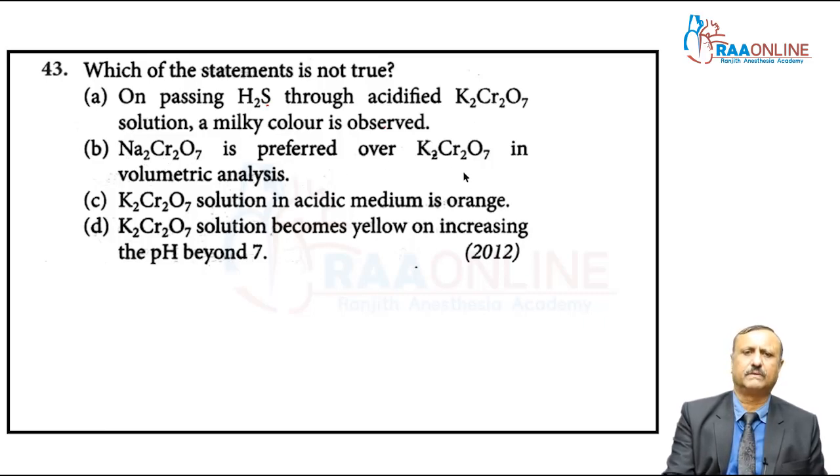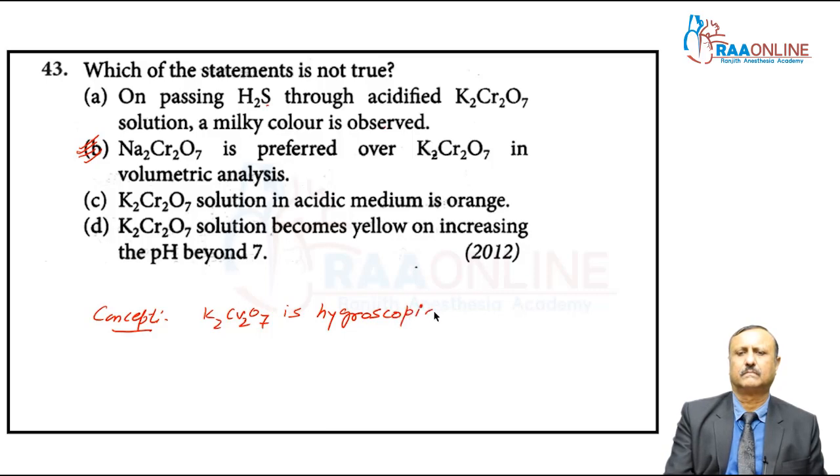Na2Cr2O7 is preferred over K2Cr2O7 in volumetric analysis. No, not at all. Because potassium dichromate, K2Cr2O7, is hygroscopic in nature.